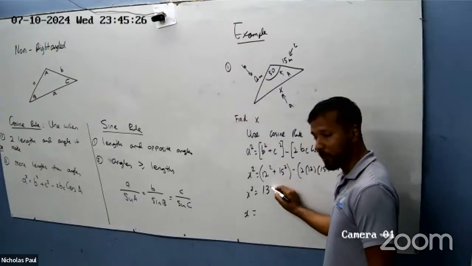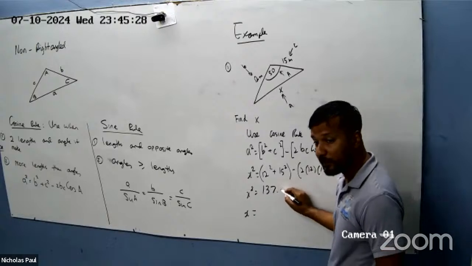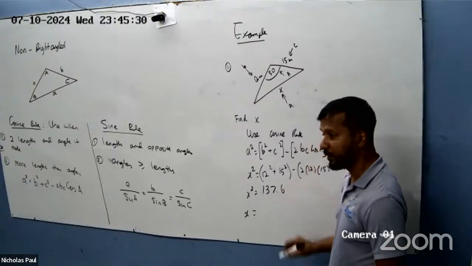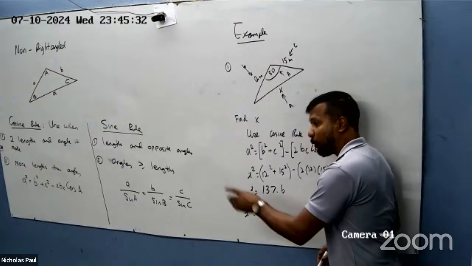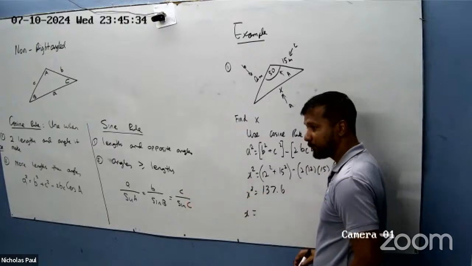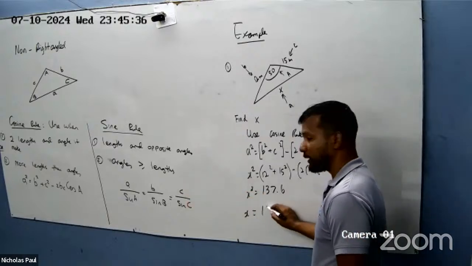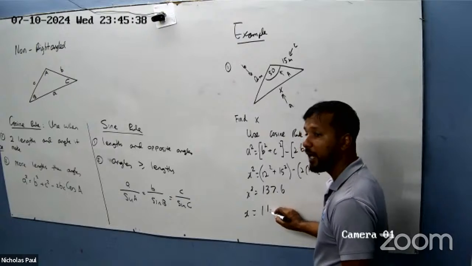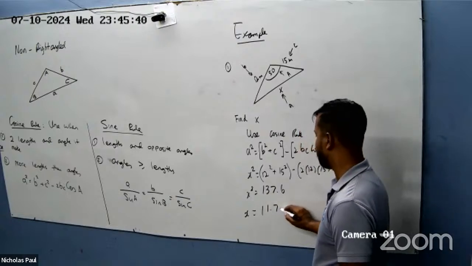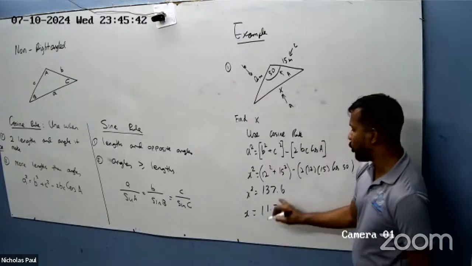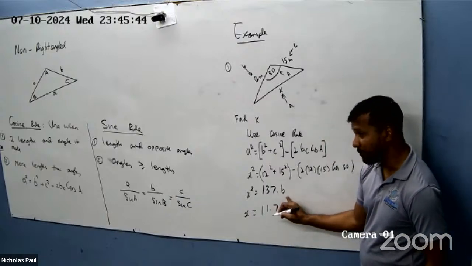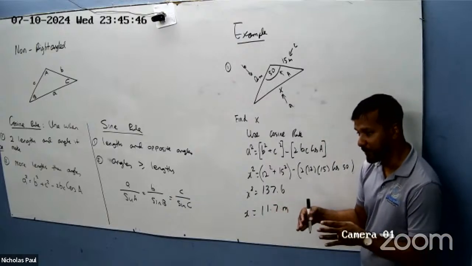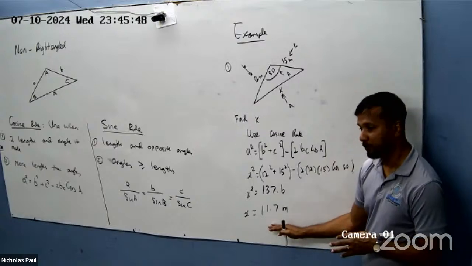What did you get here? 137.6. Do not square root this, square root your exact answer. And you got how much? 11.7. Don't round off. I just want to make sure I'm getting the same things, and then square root.